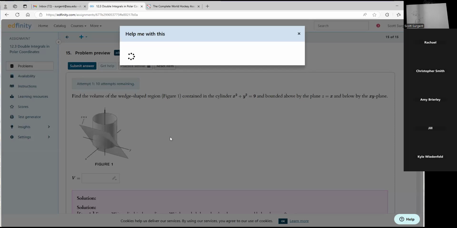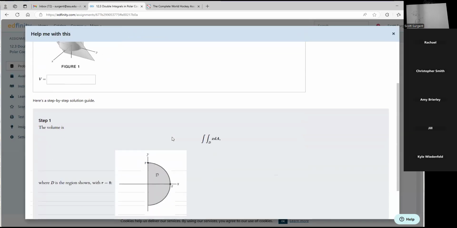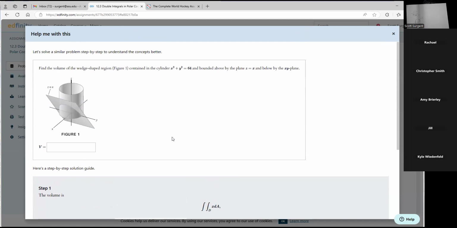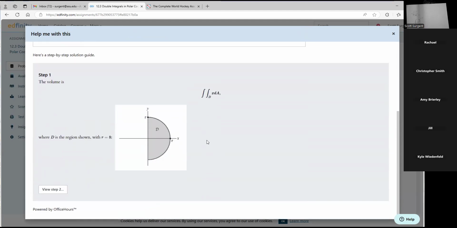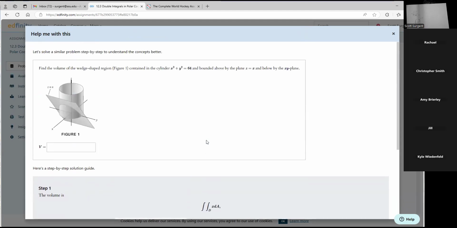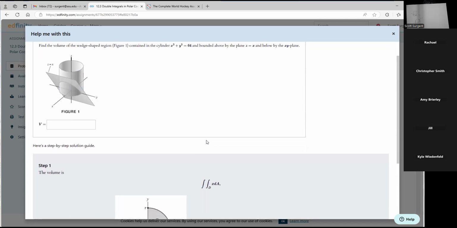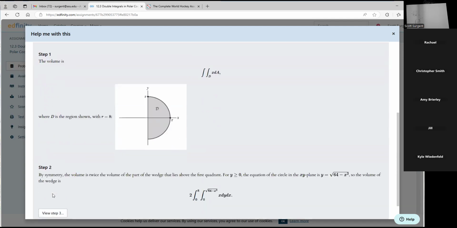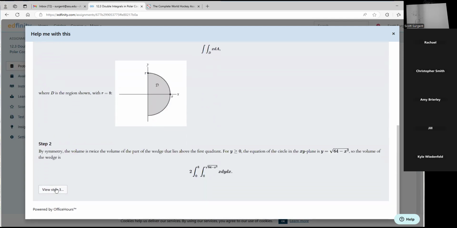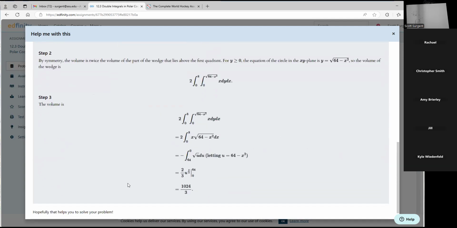This is what the get help says. What the heck? Yeah, this is nonsense.